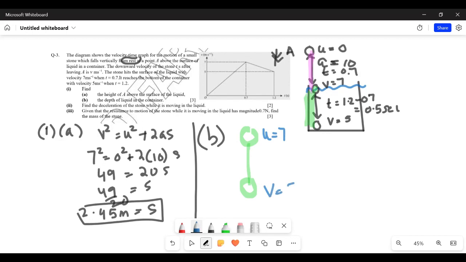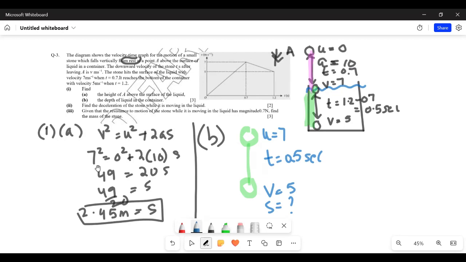The final speed is 5. Time is 0.5 seconds. Find the distance covered from top to bottom. How will the distance come? Miss, s equals vt minus half ut square. vt minus half at square, but a is not there. Miss, we will use half of u plus v times t.